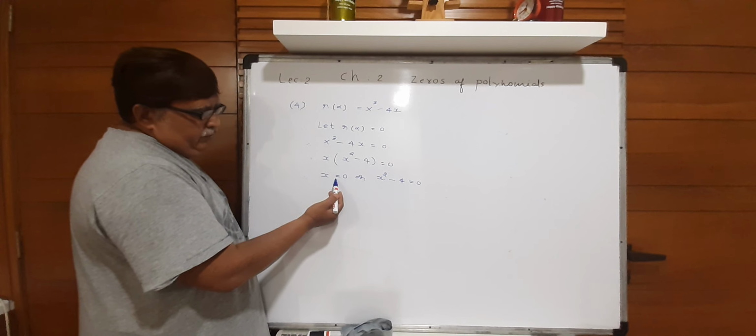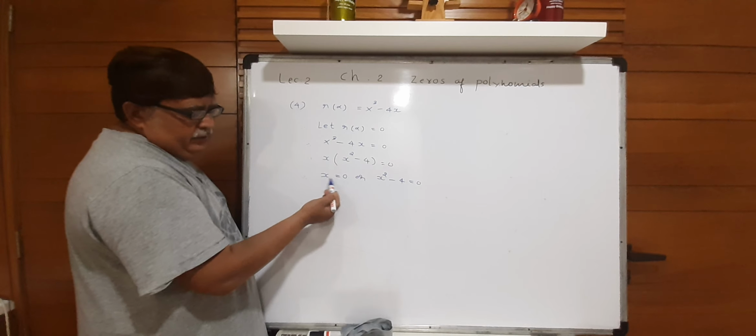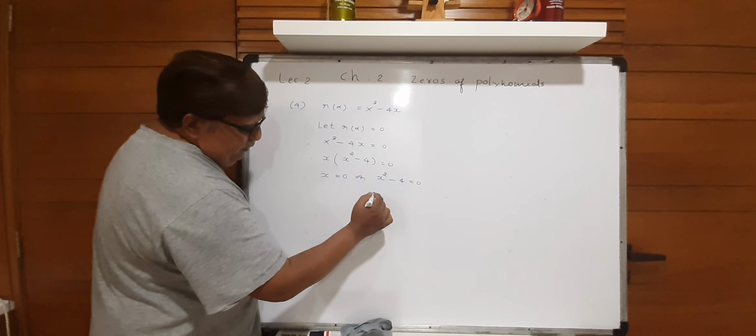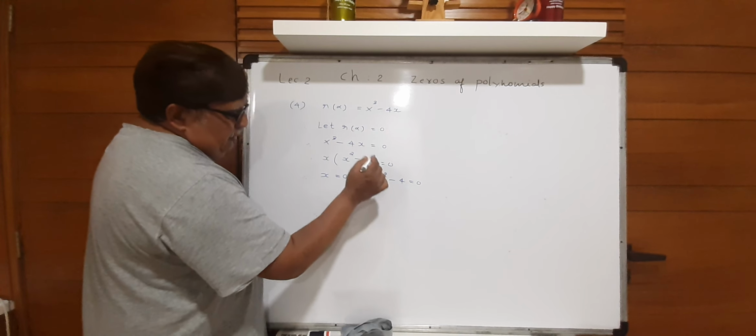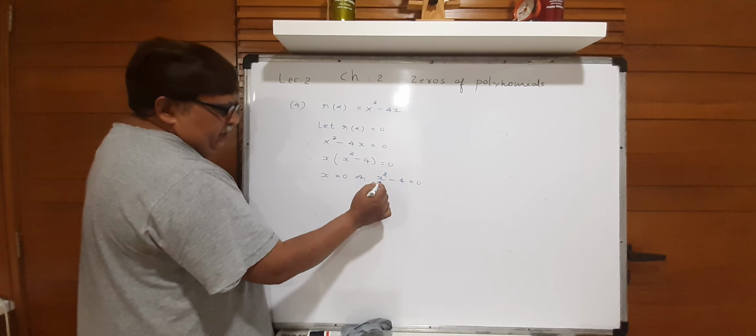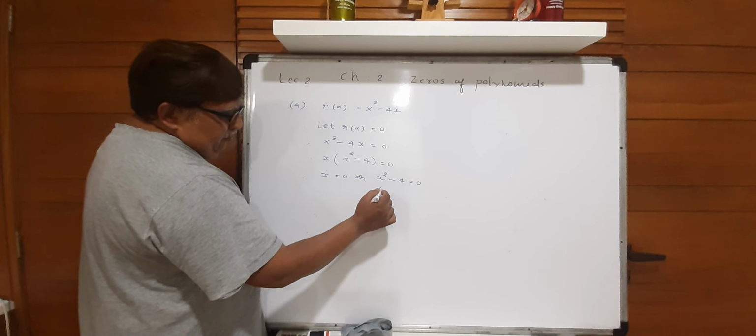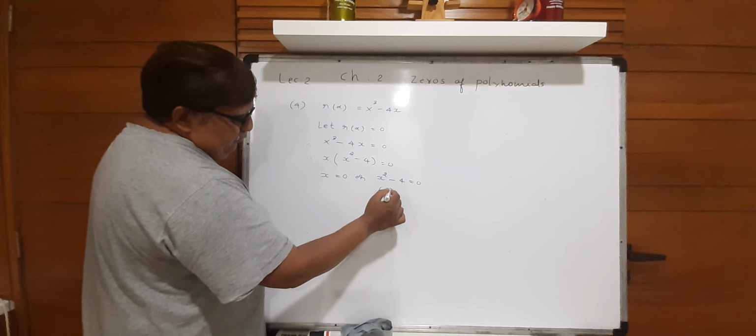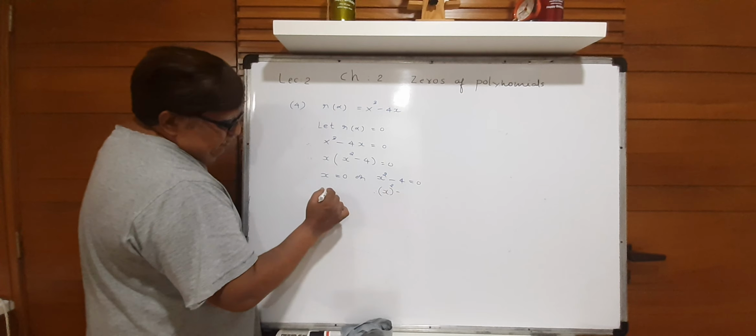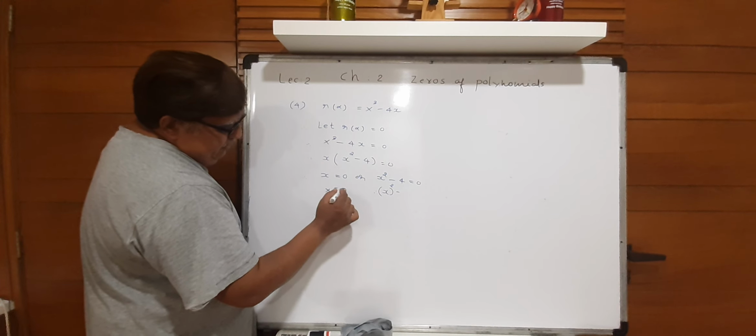This x is not further factorizable and is to be kept as it is, but this polynomial is still factorizable by the method of a square minus b square. This I just have to carry till the end.